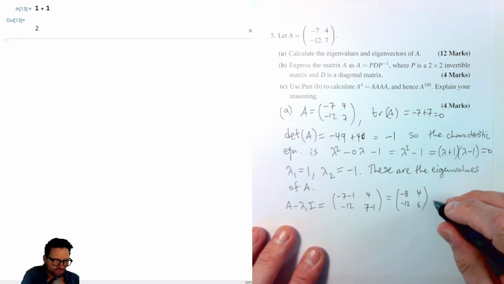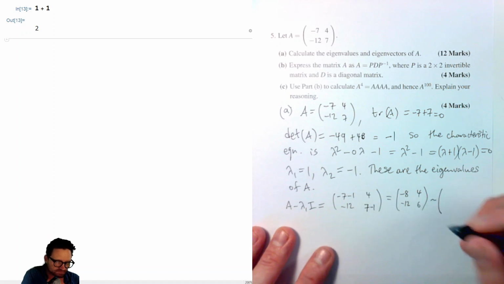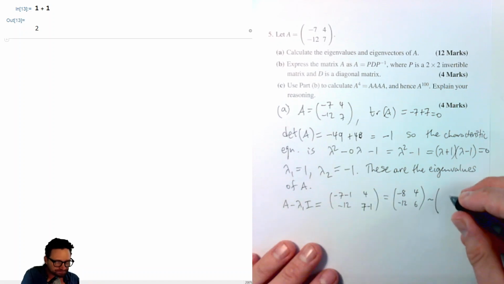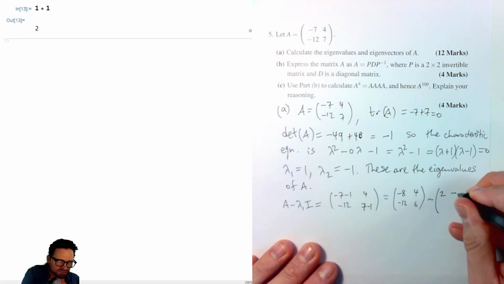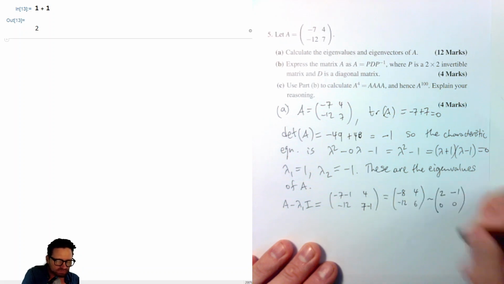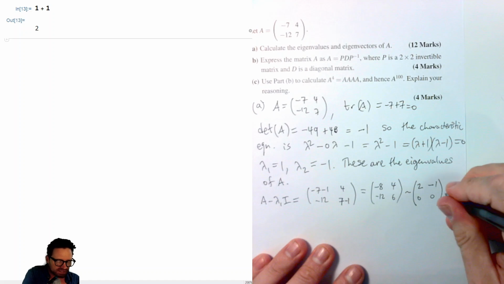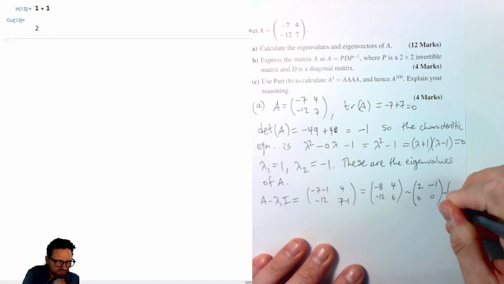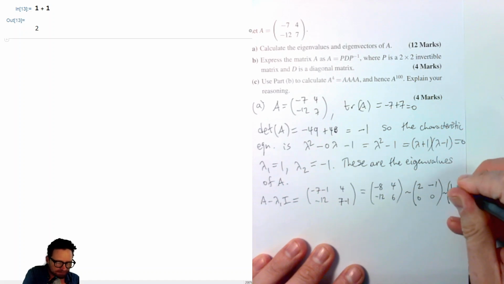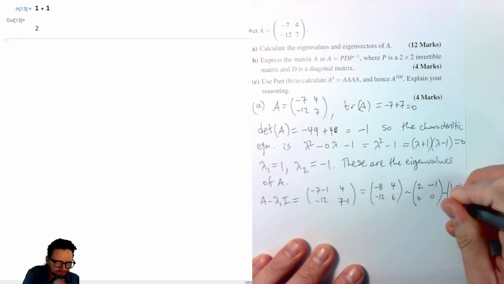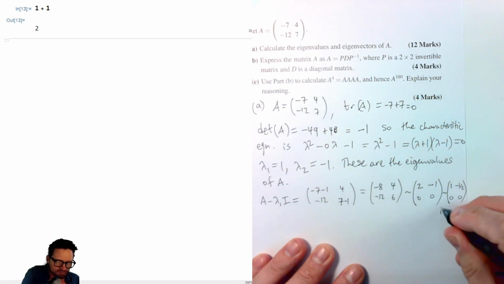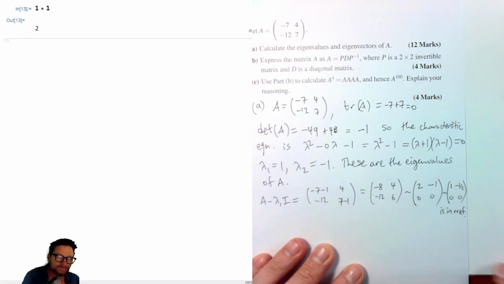And this is row equivalent to (2, -1, 0, 0). And if you'd like to have this in row reduced echelon form, you can. So this final matrix here is in row reduced echelon form.